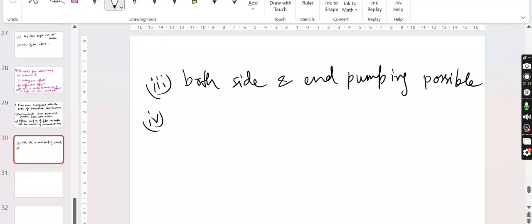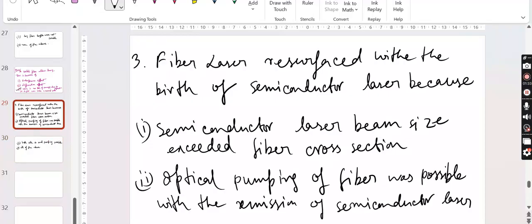Four, all of the above. So basically, we know that fiber laser is enabled because it has a narrow emission cross section and it can easily be coupled with the fiber. So this is the answer: fiber laser beam size does not exceed fiber cross section.